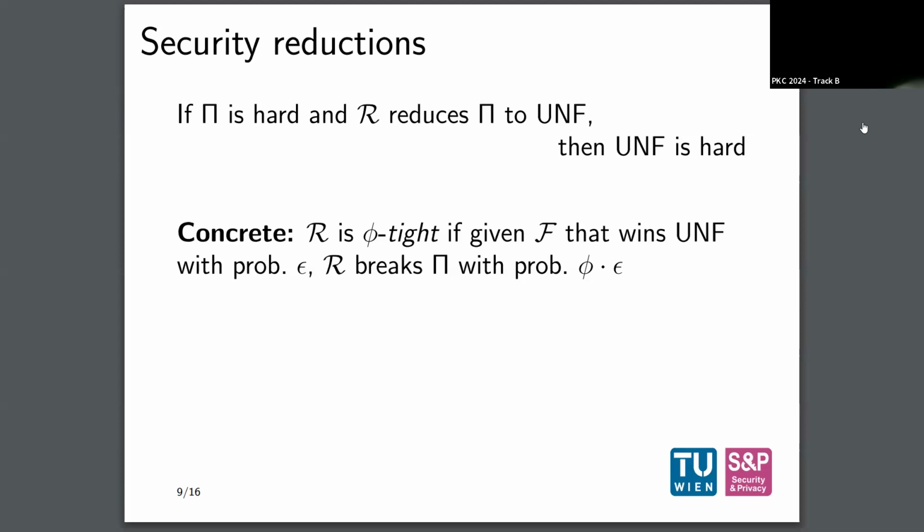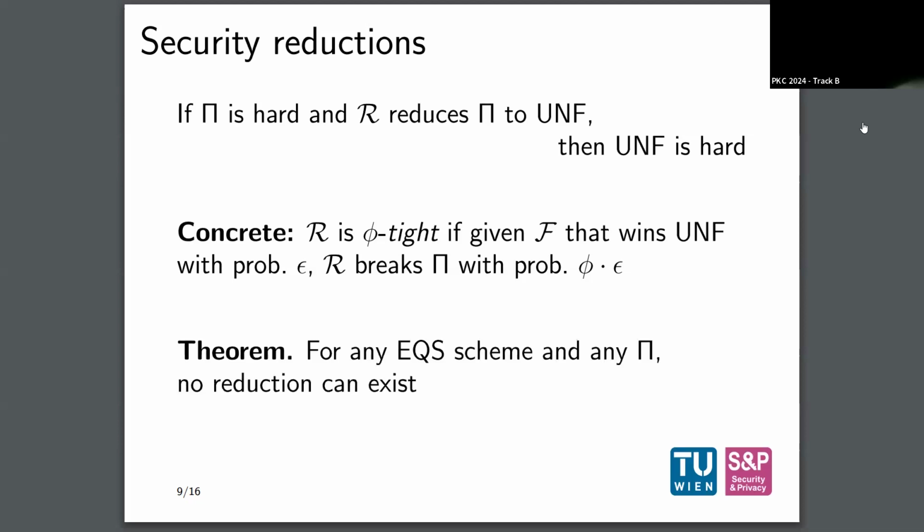To be concrete, we have to somehow measure how good a reduction is. And we call that the tightness of the reduction. So a reduction is phi-tight if, given an adversary that wins with probability epsilon, it wins with probability phi times epsilon. What we showed really is that for any EQS scheme and any problem pi, no such reduction can exist.